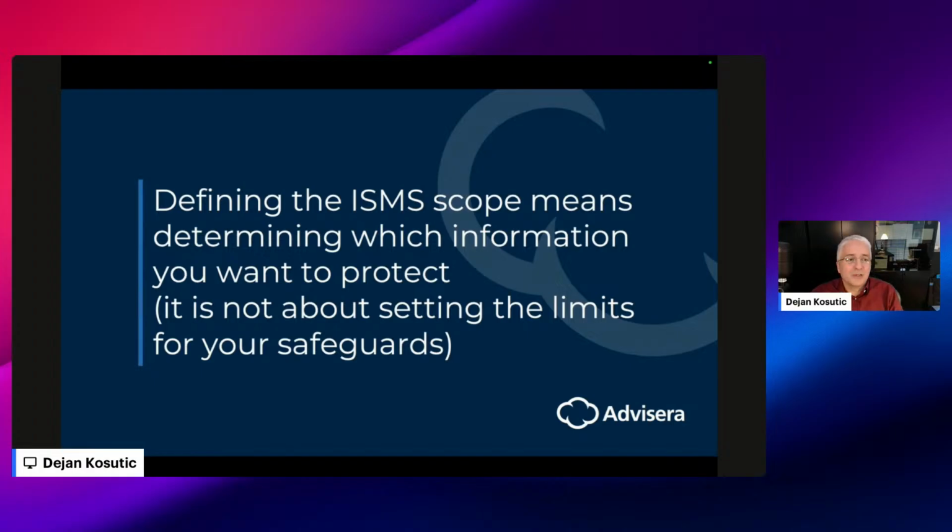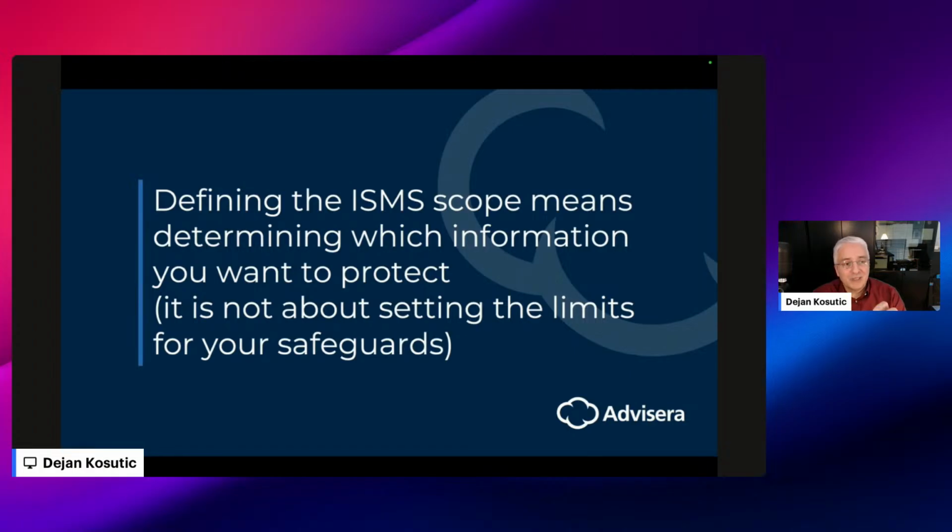Good. So let me first emphasize one important thing about ISMS scope that is sometimes misunderstood. When you define the ISMS scope, this does not mean which controls you are going to apply or which controls you are not going to apply. This is something else. This is really about defining which information, which data you want to protect.